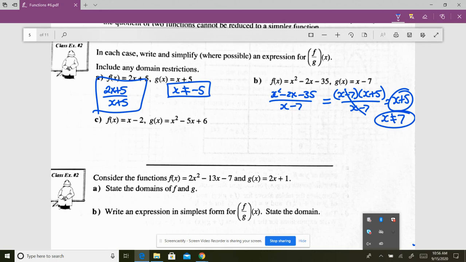All right, C. F of x, which is x minus 2 over g of x, x squared minus 5x plus 6. You don't know what to do. What do you do?